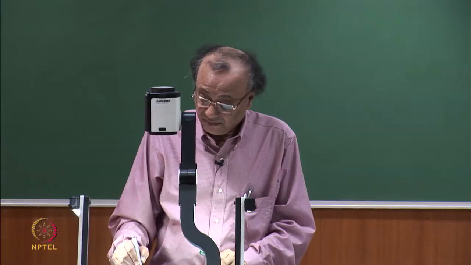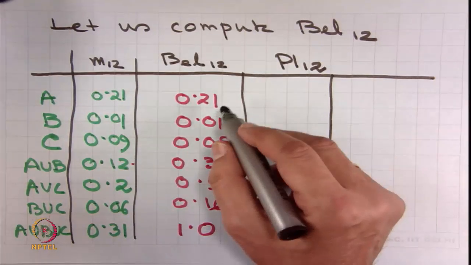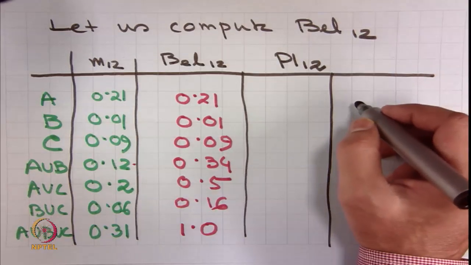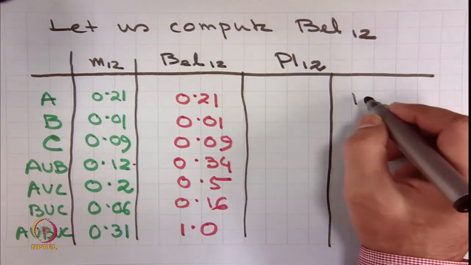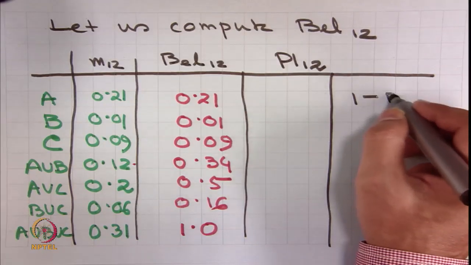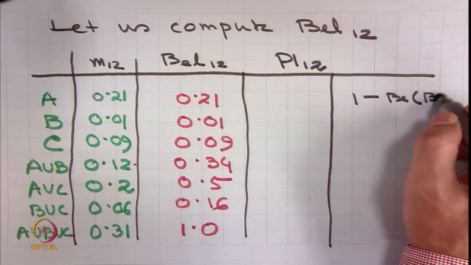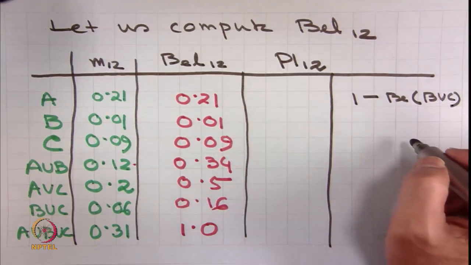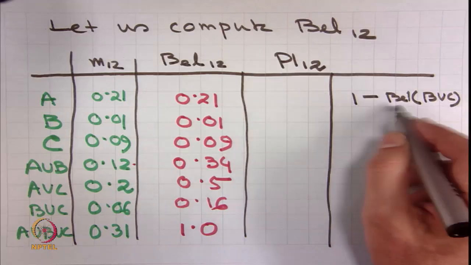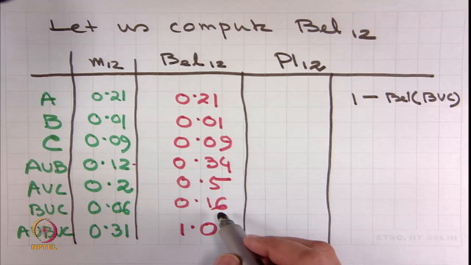Therefore, plausibility of A is going to be 1 minus belief of A complement, which is B union C, and the belief of B union C is 0.16.